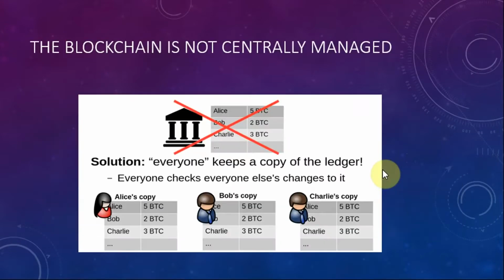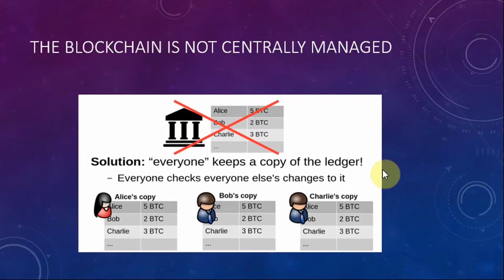Then if you look at this diagram here, I say the blockchain is not centrally managed. Yes, of course, because like I said in the beginning, it's a distributed database that is jointly managed by a global network of computers. Since it's distributed and jointly managed by a global network of computers, it means the blockchain is not centrally managed.